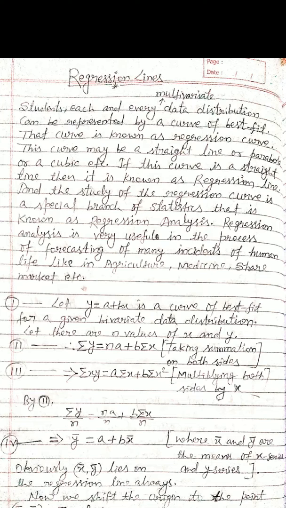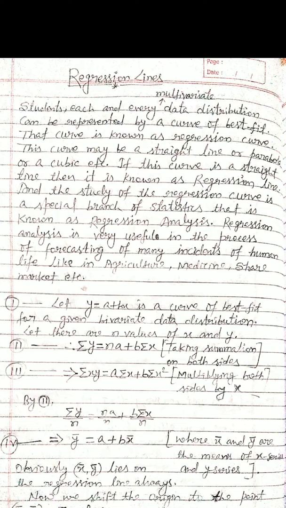Today we are going to see the regression line. The main difference from correlation is that regression lines also depend on two variables, like correlation.